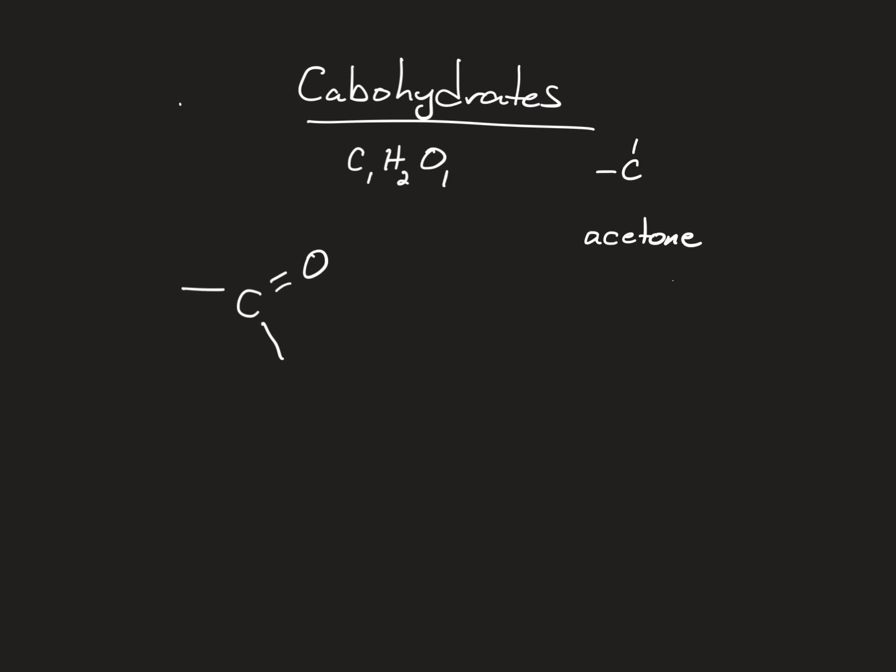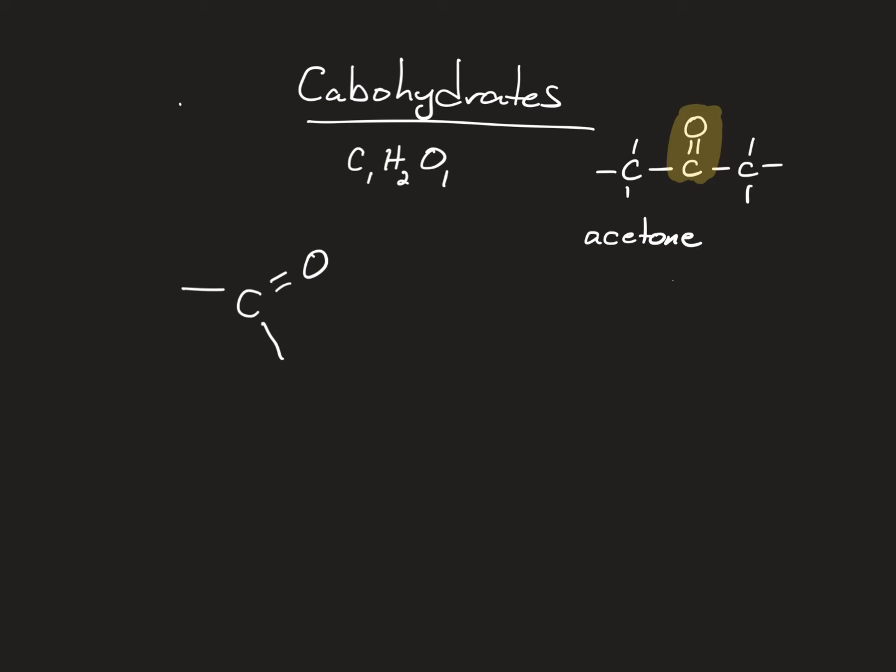It has 3 hydrogens, I'm not putting the H's, connected to a center carbon that has a double bonded oxygen and another 3 hydrogens. So this specific type of bond here, C double bond O, in the middle of a chain, is known as a ketone.